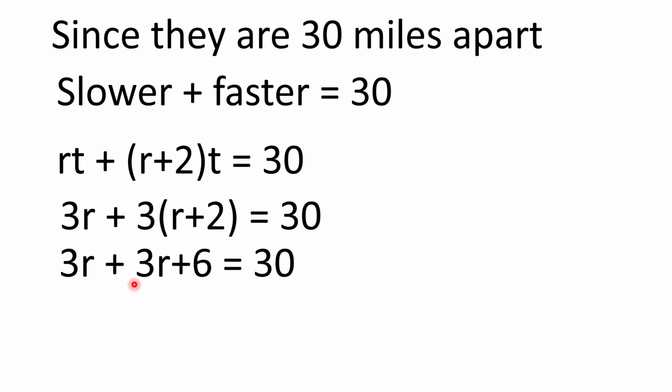Now 3r plus 3r becomes 6r, and we send the 6 to the other side of the equation, so it becomes 30 minus 6. So 6r equals 30 minus 6 equals 24. Now we divide by 6 on both sides, so r equals 4. This is the rate we have determined.